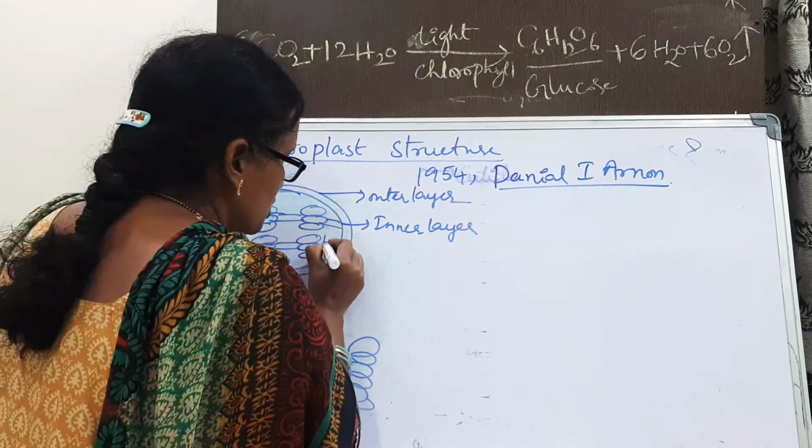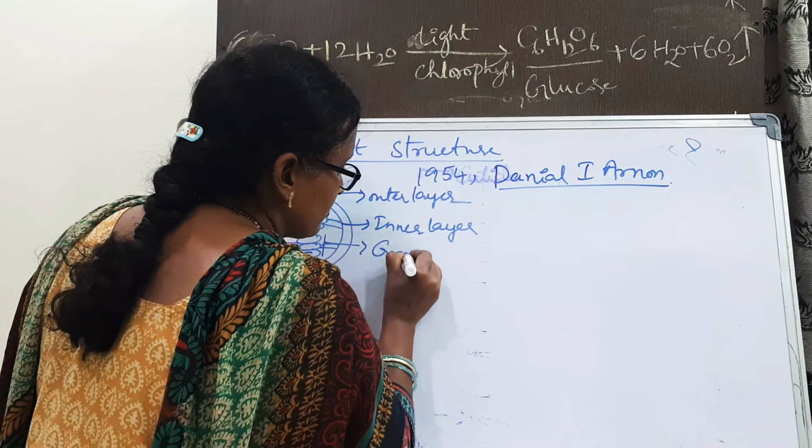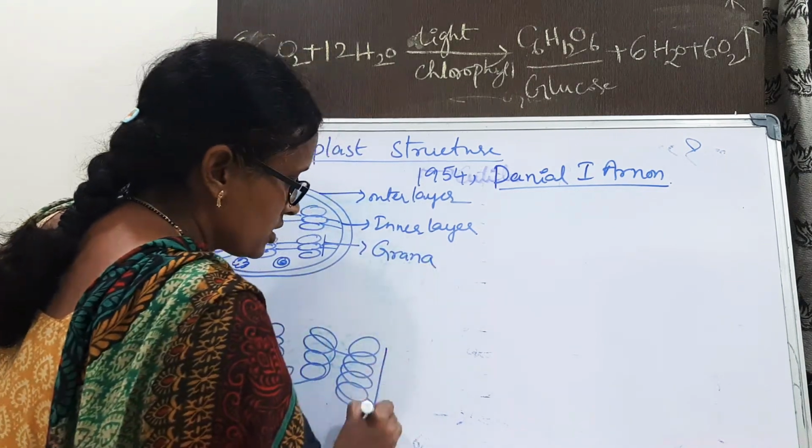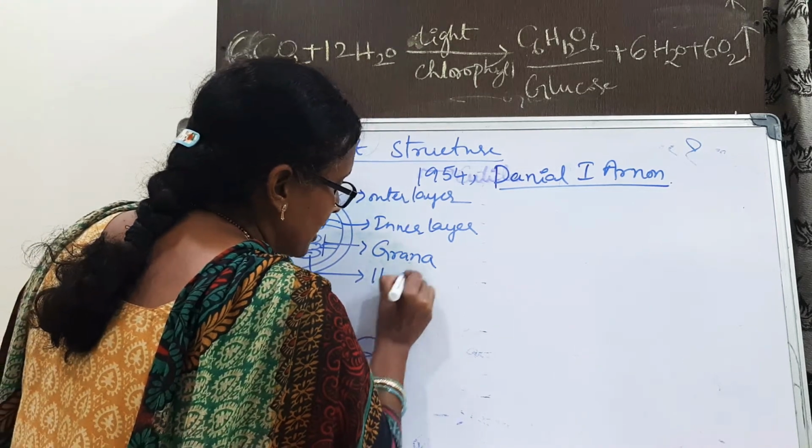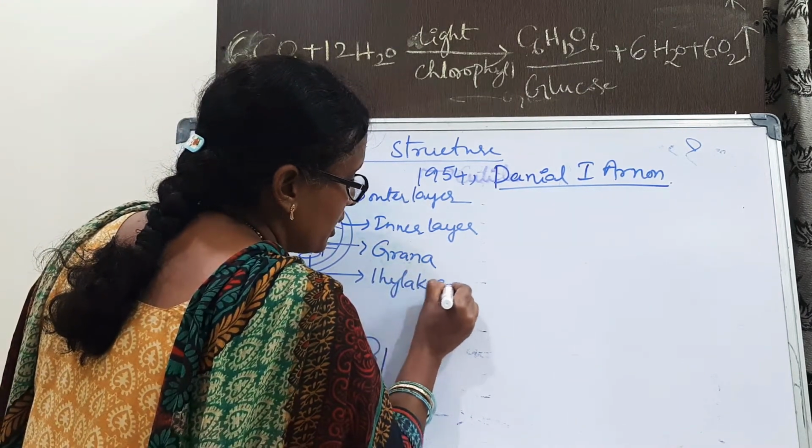This structure is known as grana. The single one is known as thylakoid.